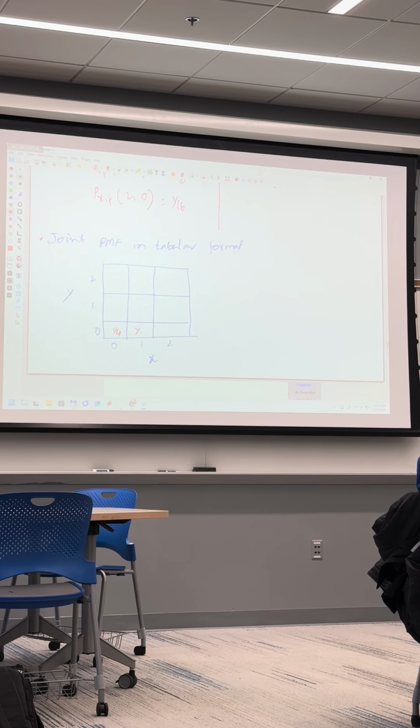This is 1/4. This is 1/16. This is 1/16, and this is 1/8. And the other values you can write, those are zeros. Yeah, this is in tabular form. Okay.